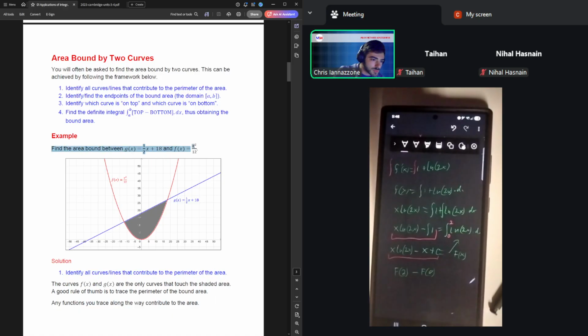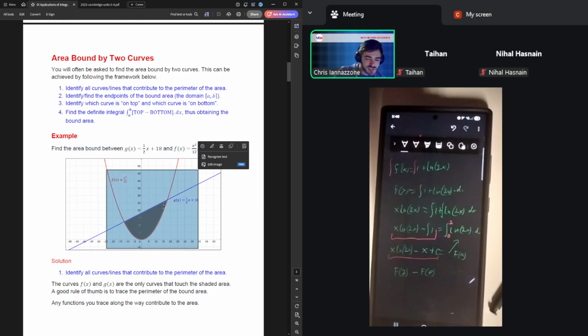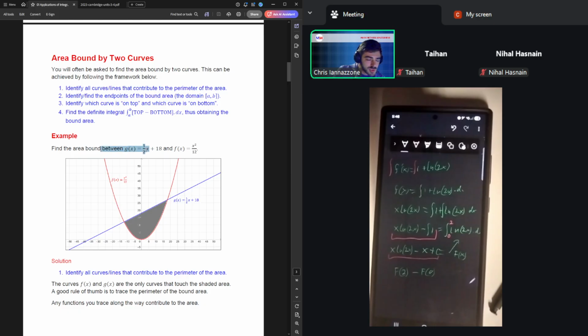So if it says, broadly speaking, find area bound between G and F, and let's pretend we didn't have this picture, bound between functions just means you're going to plot that on your graph, whether it's tech-free or tech-active, and figure out where those lines intersect in such a way where you create a closed shape.